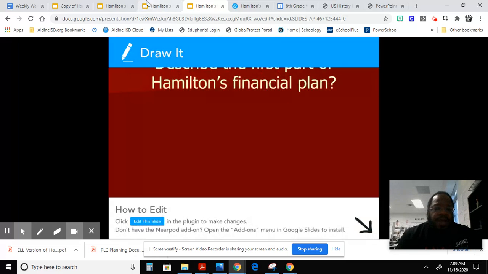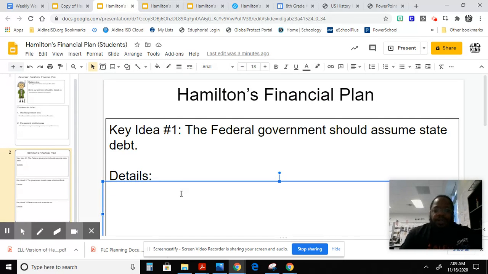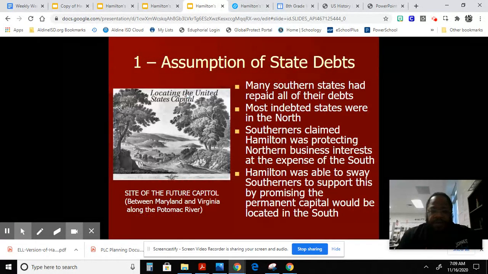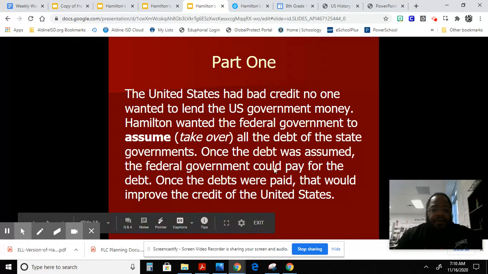So let's go back and let's look at our doodle notes because it asks the federal government. So why would the federal government assume debts? What would it take care of? Let's go back to the reading and we can find this answer in this information right here. It says once the debt was assumed, the federal government would pay for the debt, and then once the debt was paid, it would help improve the credit of the United States.